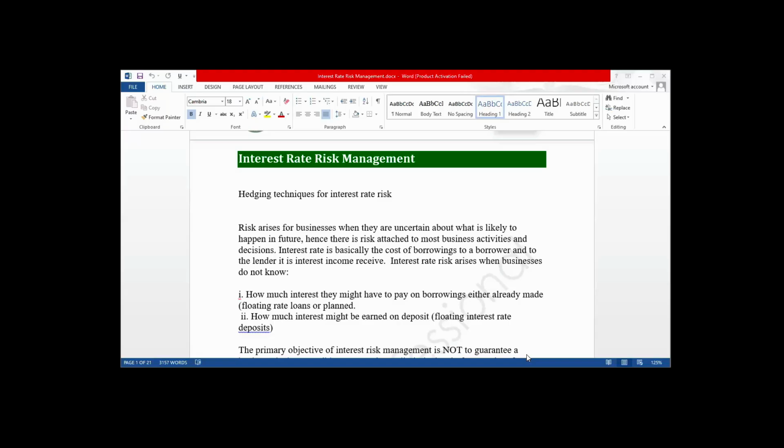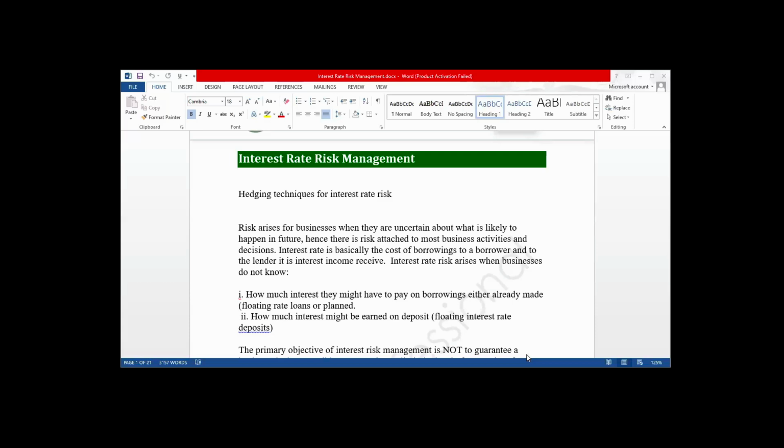We are planning to borrow money in 2 months' time. The amount we want to borrow is very certain. We know the amount, 500 million.